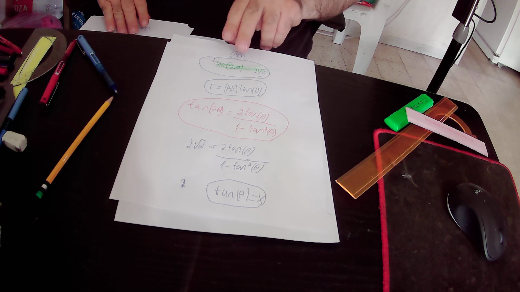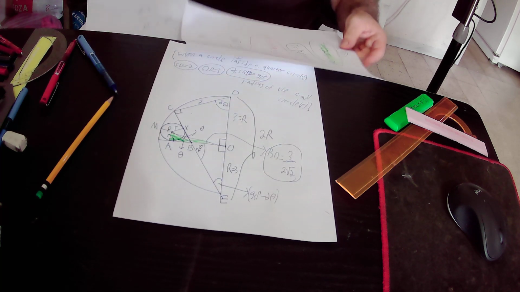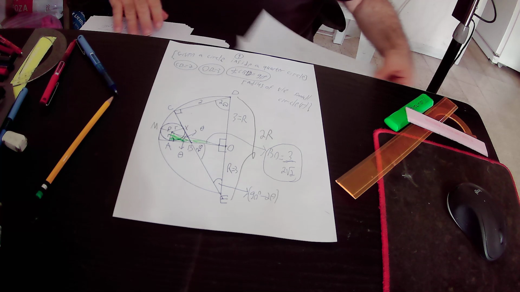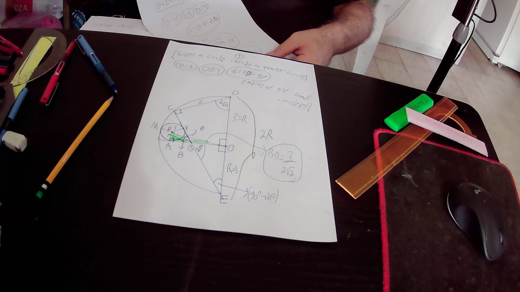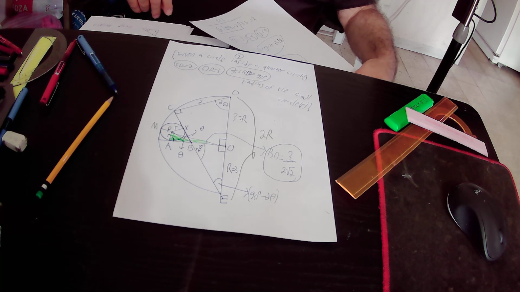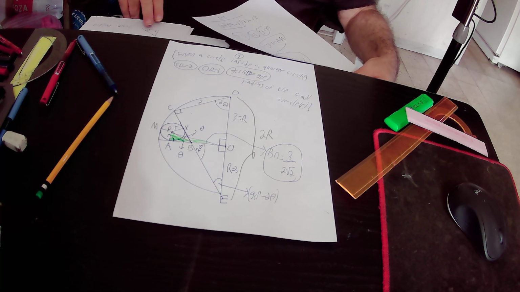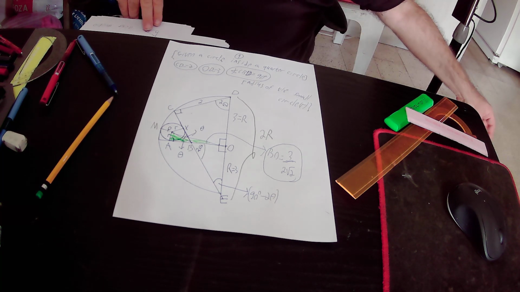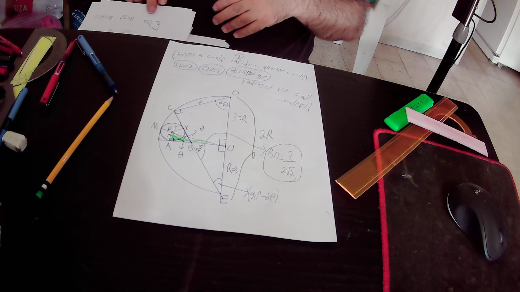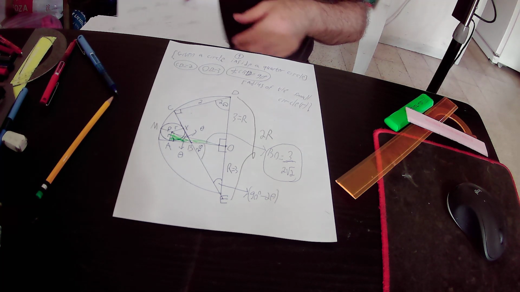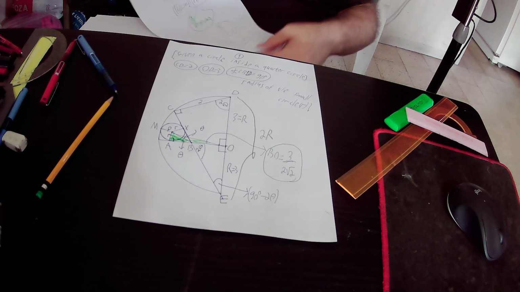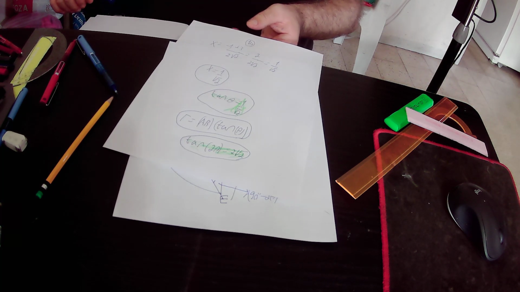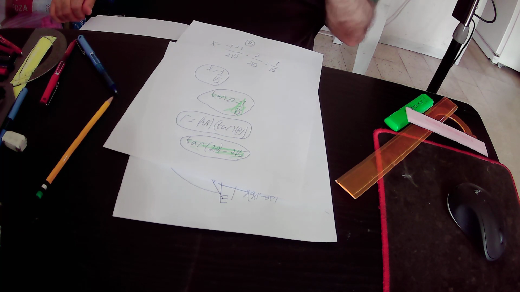So we got a quadratic equation, and we found out that x, which equals tangent theta, is actually equal to 1 over root 2. That is to say, tangent theta equals 1 over root 2.